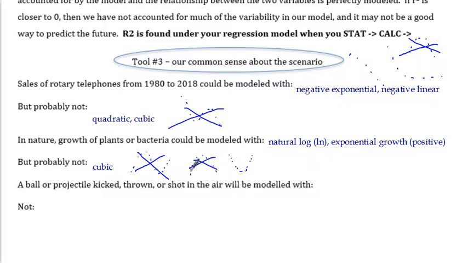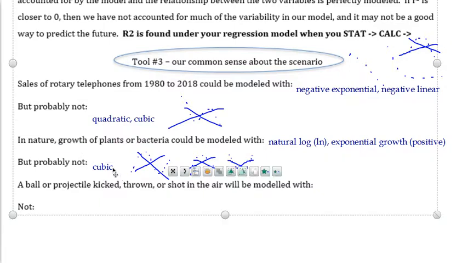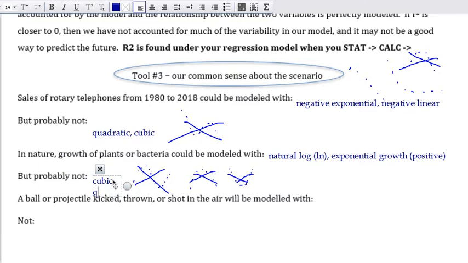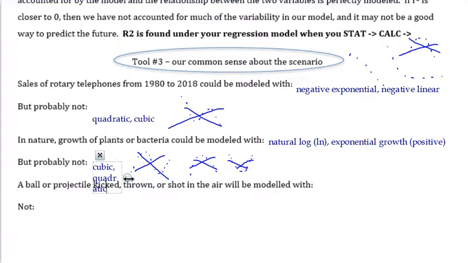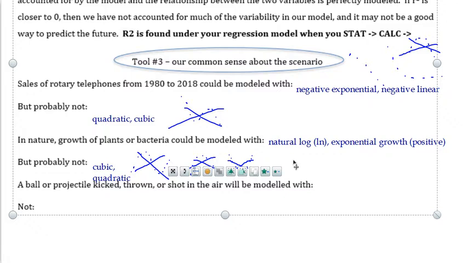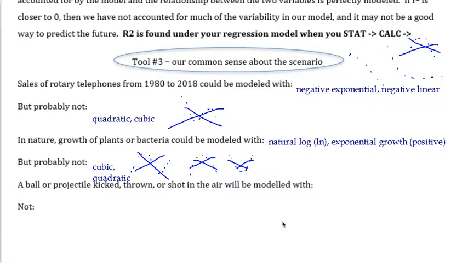So these are not good models. So cubic, quadratic, probably not good models just based on our common sense. But natural log, exponential growth, those are all good models.